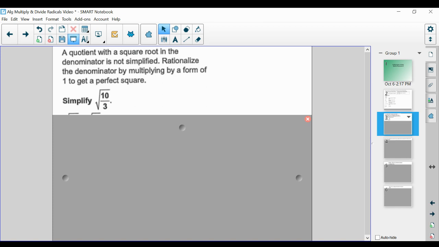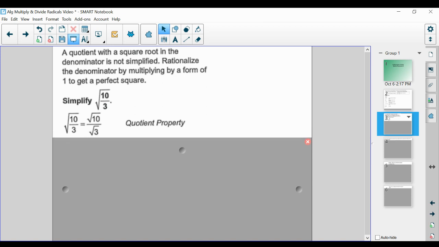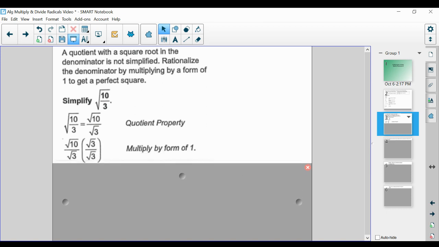Let's say we want to simplify the square root of 10 divided by 3. We are going to be using the quotient property and we're going to break it apart. So now it turns into the square root of 10 divided by the square root of 3. This is not simplified because we have a square root in the denominator. So to undo that, we're going to multiply both the numerator and the denominator by the square root of 3.